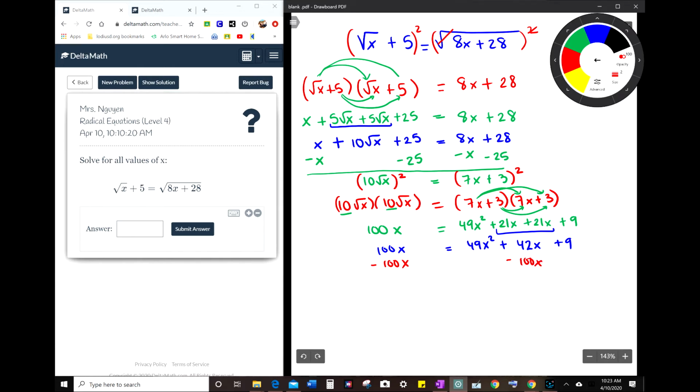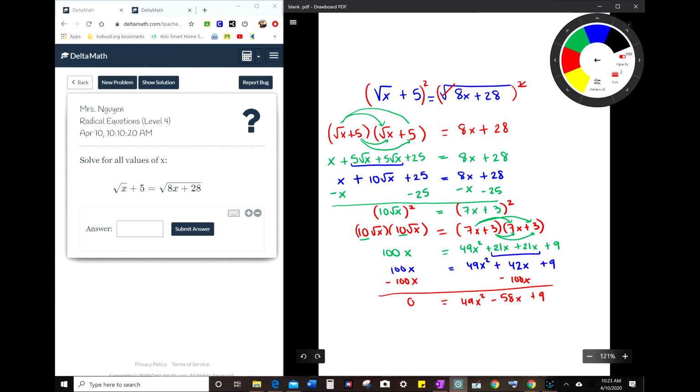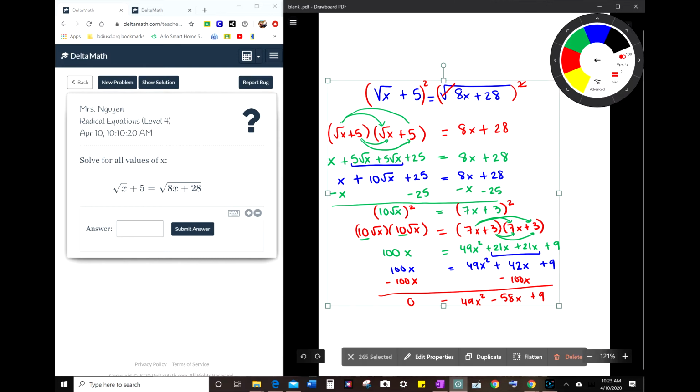So now I have 0 on the left side, and I have 49x squared minus 58x plus 9 on the right side. And when a number is too big, I don't try to factor it. So let me bring the whole thing up a little bit so you have space for the rest.